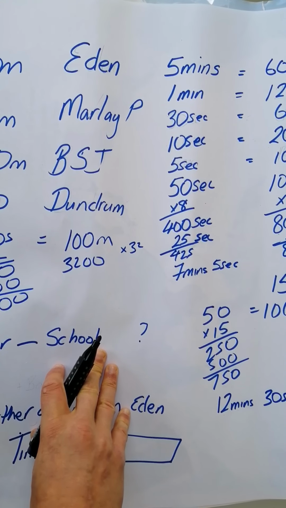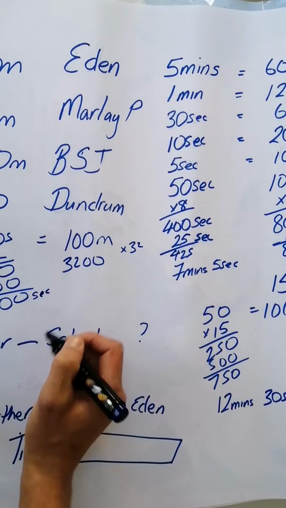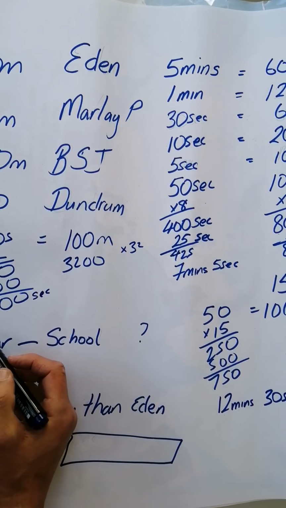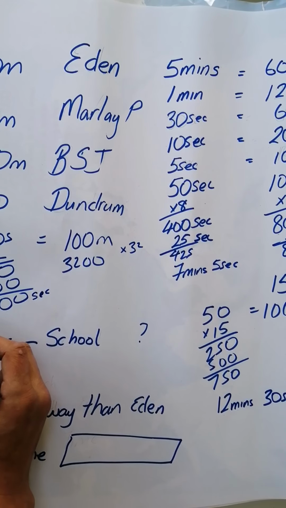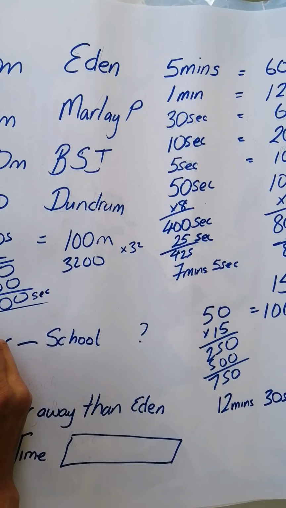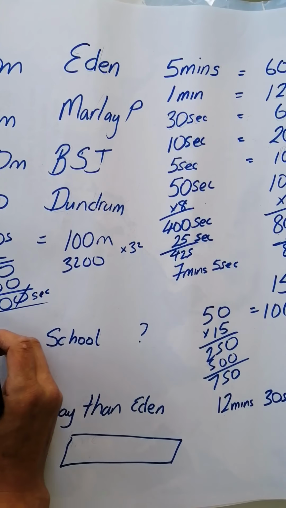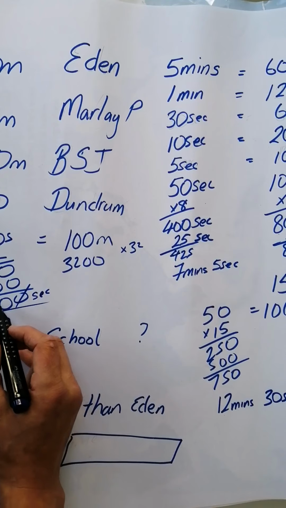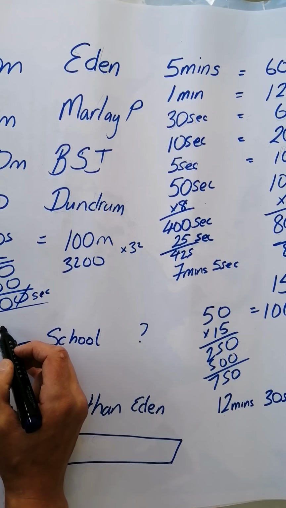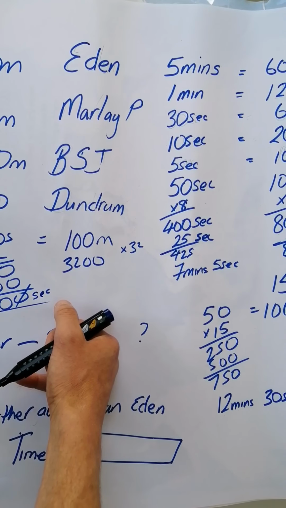So we all know our 60 times tables. Let me see how many 60s are in that. Will this work? No, I'm definitely doing this wrong.